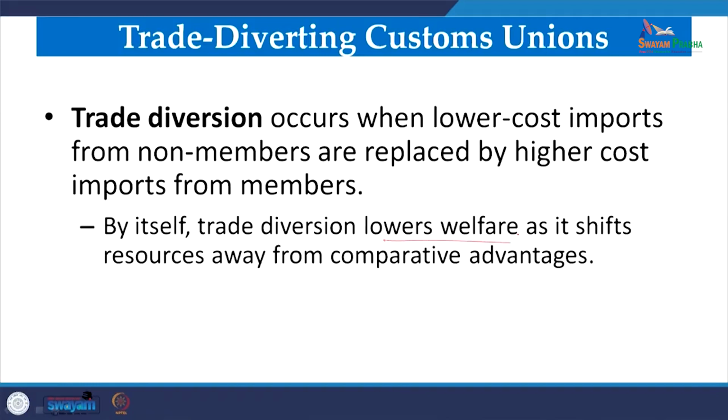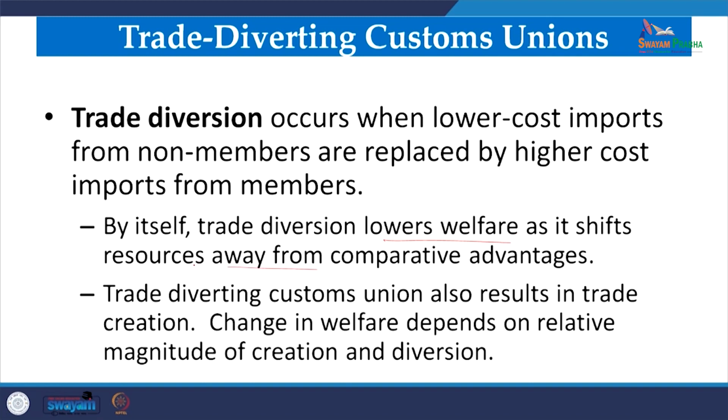So this itself says that trade diversion lowers welfare, as we said just now, since it shifts resources away from their comparative advantage. Now, a trade-diverting customs union can also result in trade creation, because the change in welfare depends on the relative magnitude of trade creation and diversion.